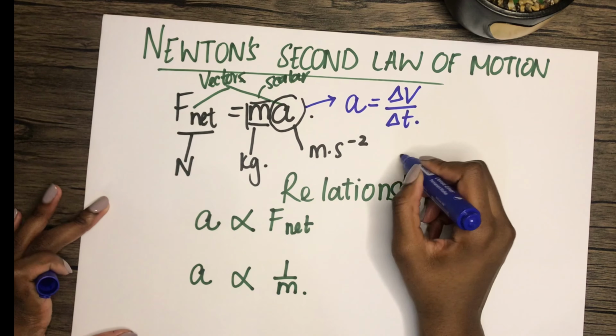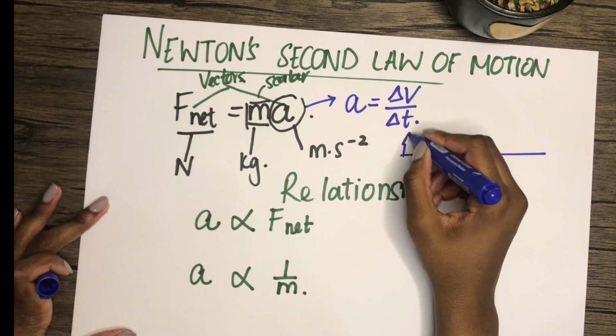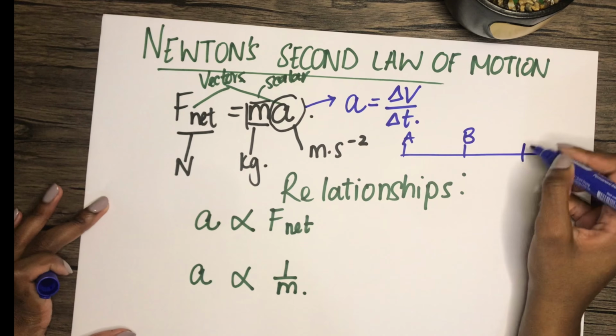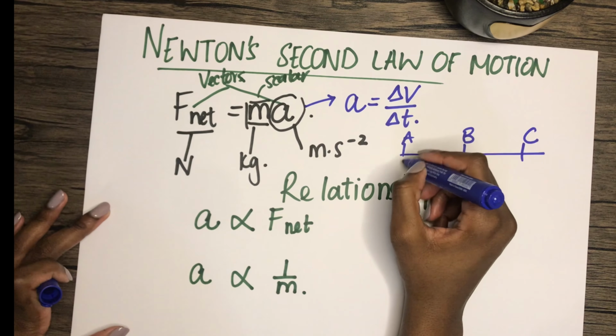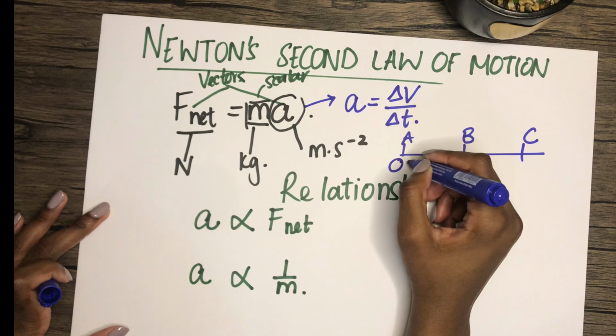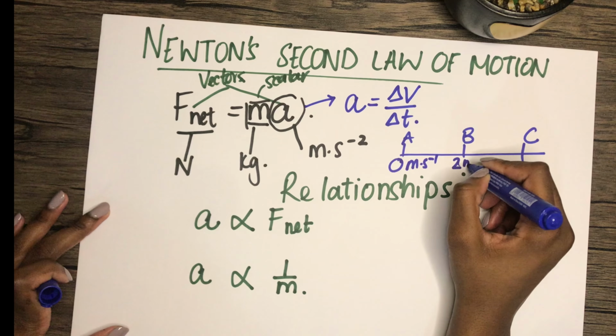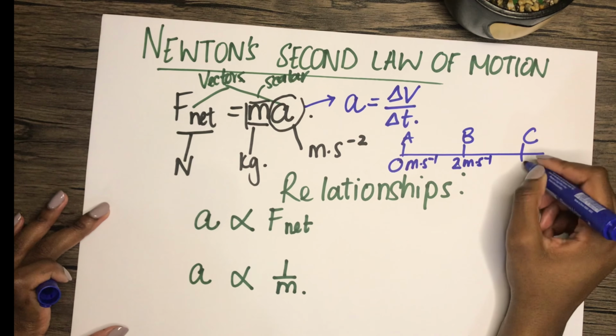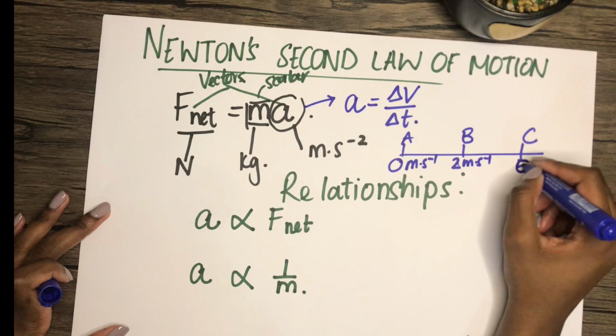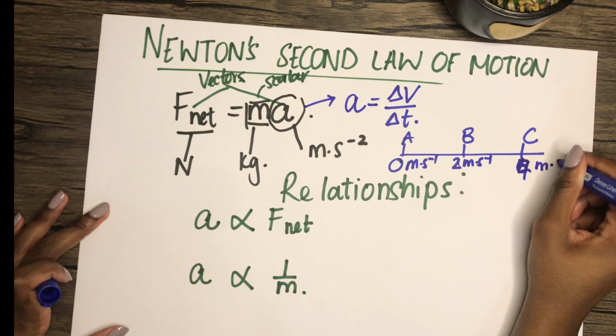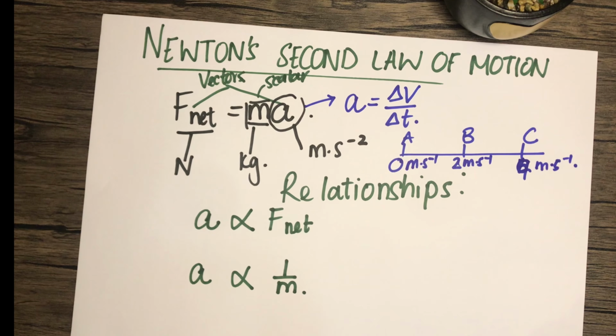If I have an object moving from point A to point B to point C, at point A, let's say it moves from rest, so 0 meters per second. Point B is now 2 meters per second. Point C is now 4 meters per second, right? Then that object is accelerating. So we usually speak of a certain constant force applied, and that can cause the object to accelerate.